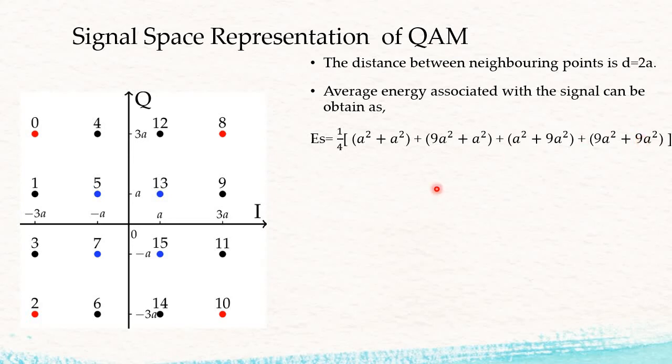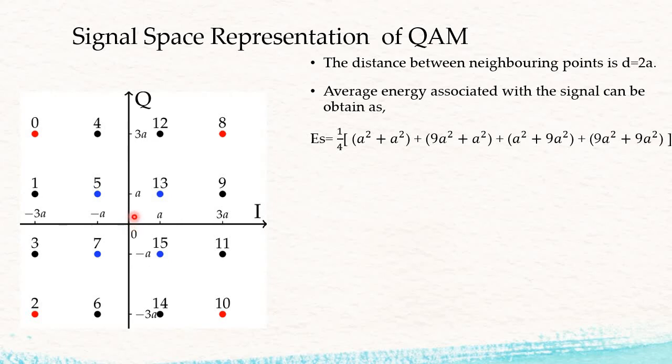Now the question arises, where are we getting all these values from? We are finding the values of each point. Just take the example of point 13 with respect to the origin. With respect to the origin, the x-axis value is a and here the value is a. So the distance is a square plus a square, again by the Pythagoras theorem, where a square plus b square equals c square.